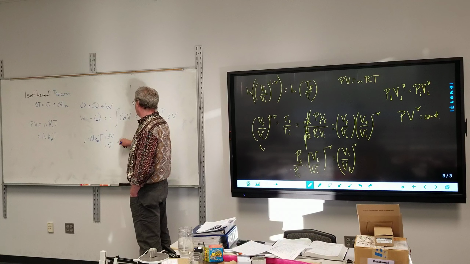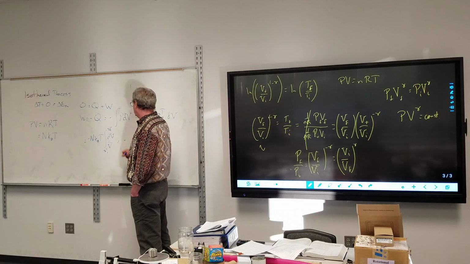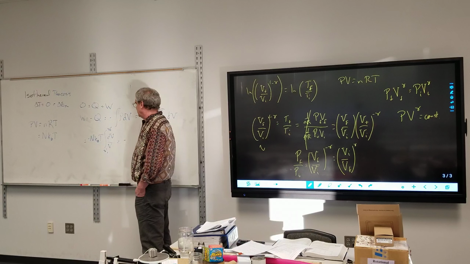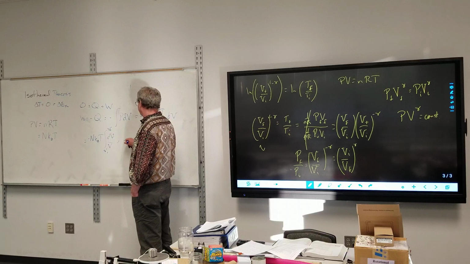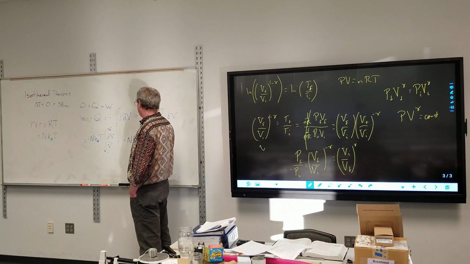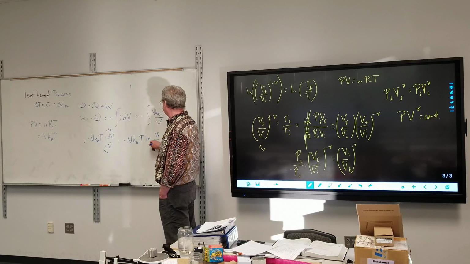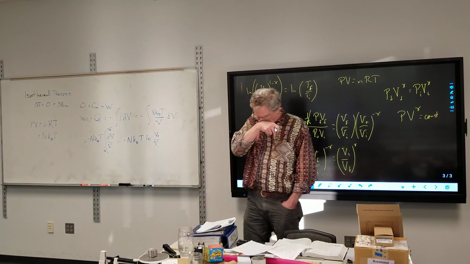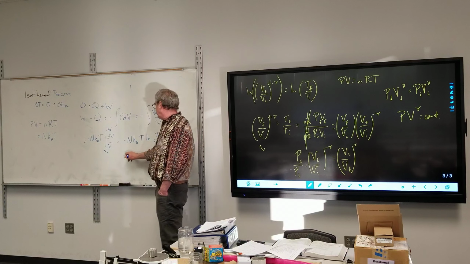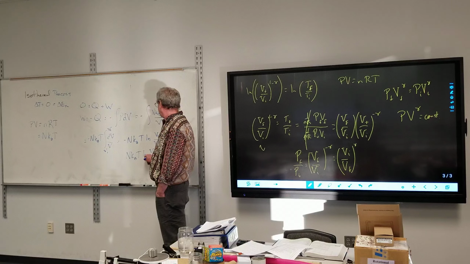Get that fun little natural log showing up yet again. And when I first was introduced to natural logs in whatever, algebra 2, algebra whatever it was, did not realize how often it actually shows up. It's as if the math people teach it for a reason. Of V final over V initial. And we can get rid of the negative sign by bringing it here, raising this to the negative 1 power, and so we get N kB T natural log of V initial over V final.